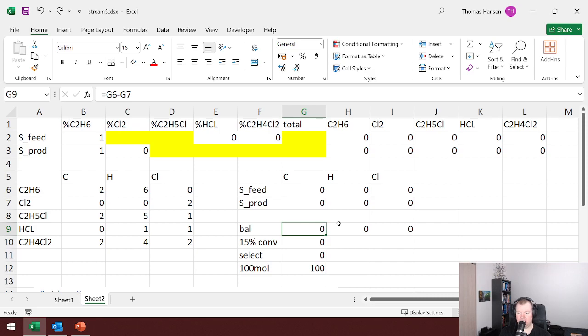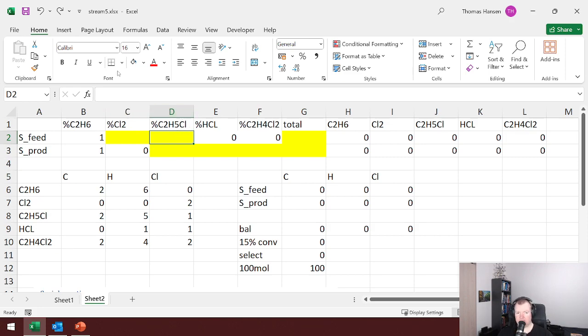How much feed? That is weird. Six equations. 1, 2.